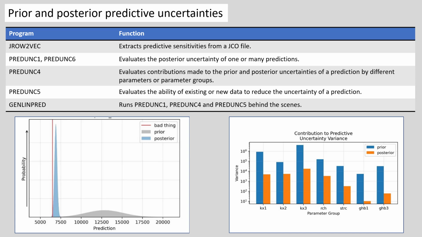This can be informative when considering whether simplifications that are embodied in a model's design degrade its performance. If parameters that are associated with some worrisome aspect of a model's construction contribute in only a minor way to the uncertainty of a decision-critical model prediction, then approximations and simplifications associated with that model feature are relatively harmless as far as that particular prediction is concerned.